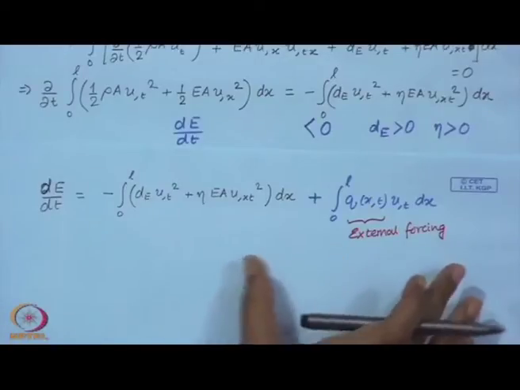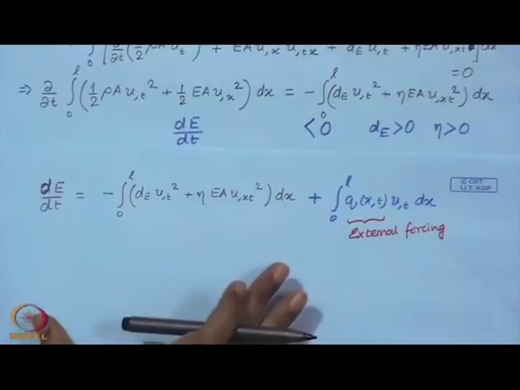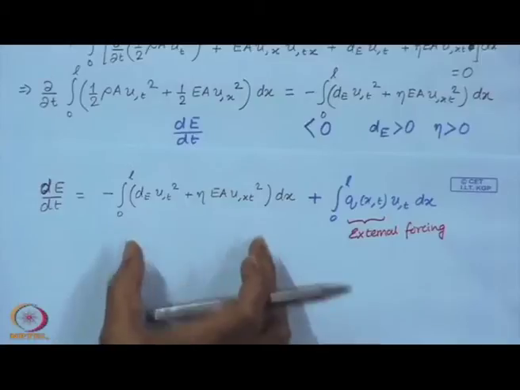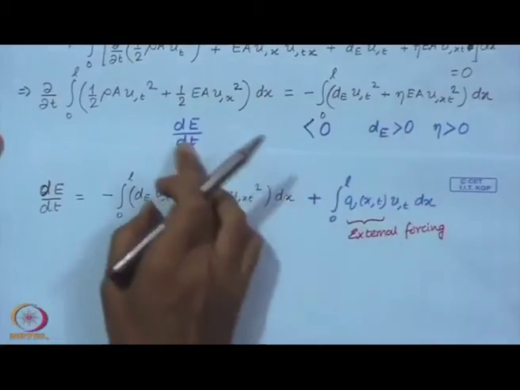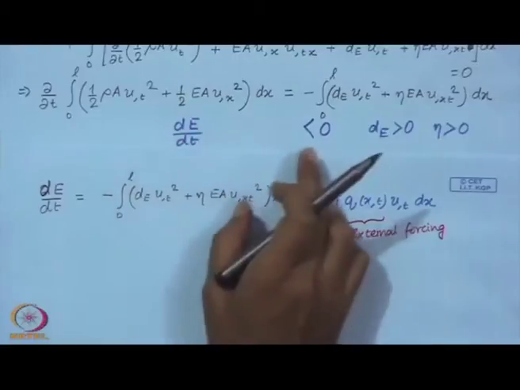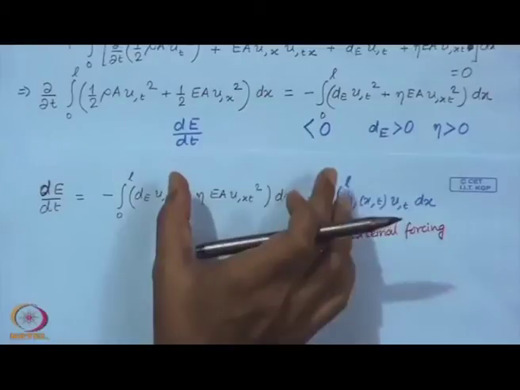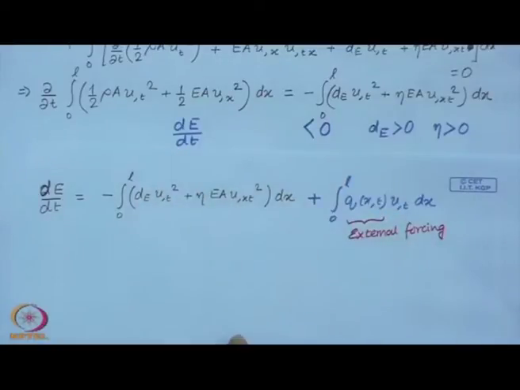So, we know already, we have discussed this, that there is a steady state solution, and because of this damping, as we have seen here, all the energy of initial disturbance must dissipate or drain out of the system.